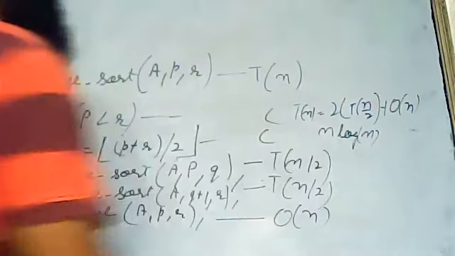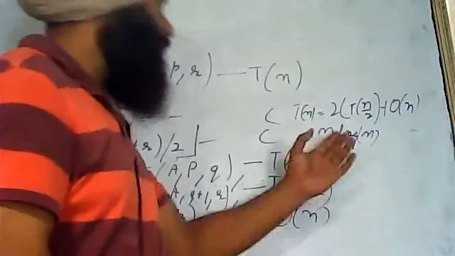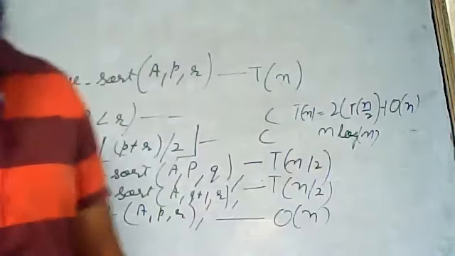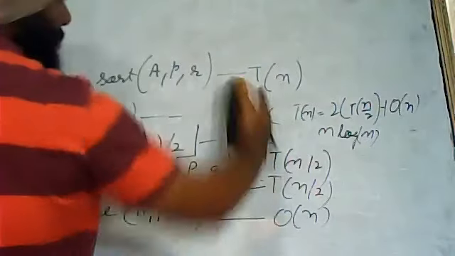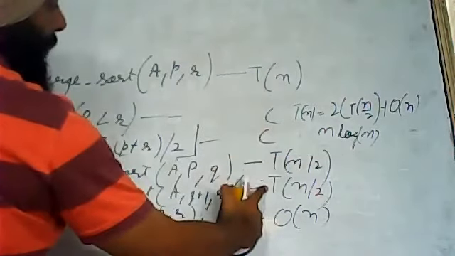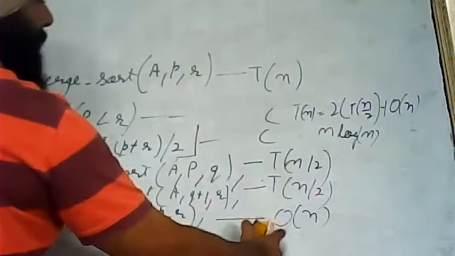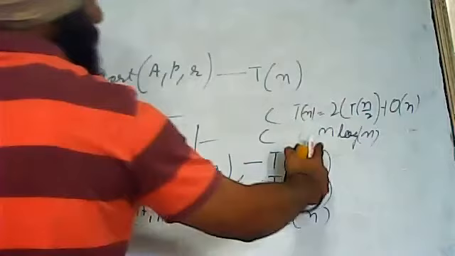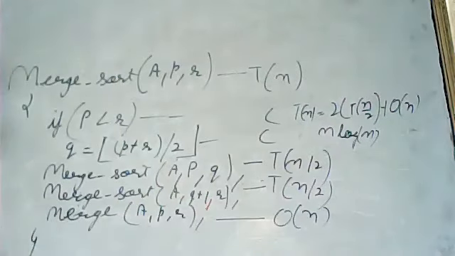I'll also tell you how it becomes n log n and how to solve this equation in the next video. So T(n) equals 2T(n/2) plus order of n, that will become n log n. That is the complexity of the merge sort procedure.